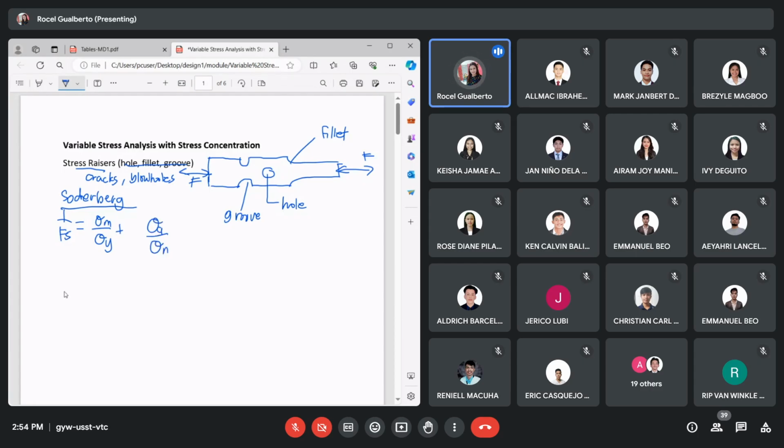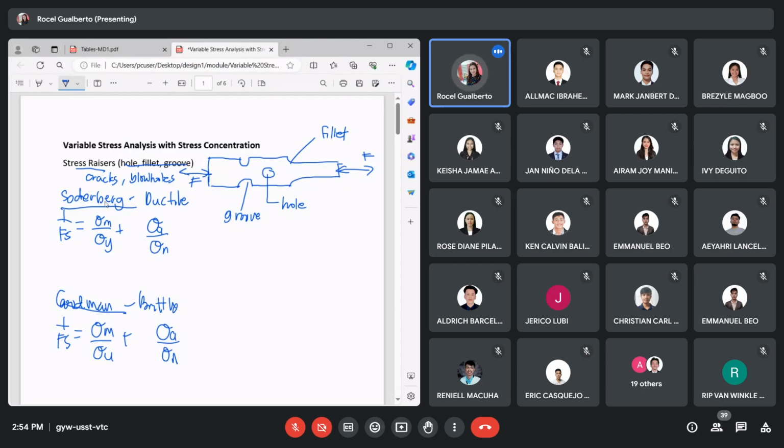Okay, Goodman, we have 1 over Fs equal to sigma m over sigma u plus sigma a over sigma n. Soderberg, this is used for ductile materials, whereas Goodman for brittle.